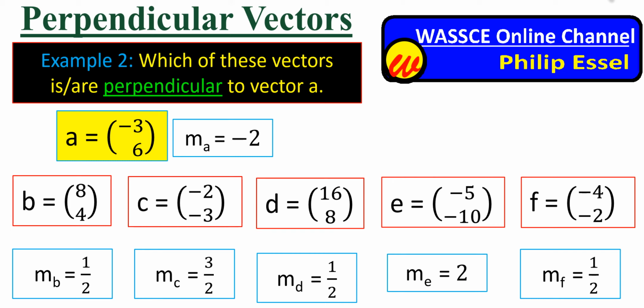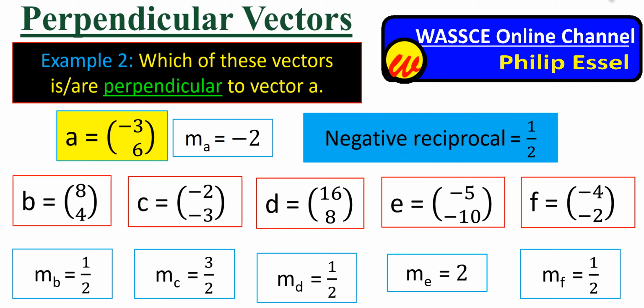We also know the gradient of the vector A to be negative 2. Now the negative reciprocal of this number would be 1 over 2. Also, all vectors that are perpendicular to the vector A should have this slope of 1 over 2.